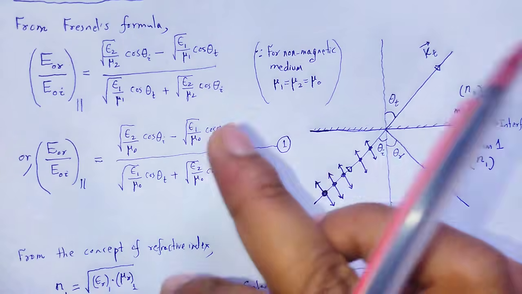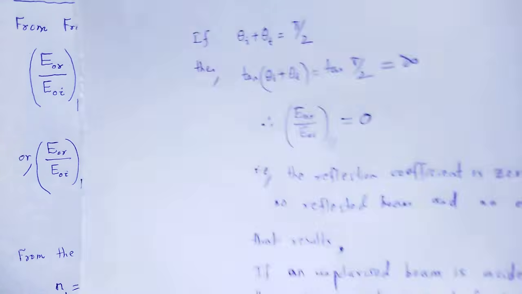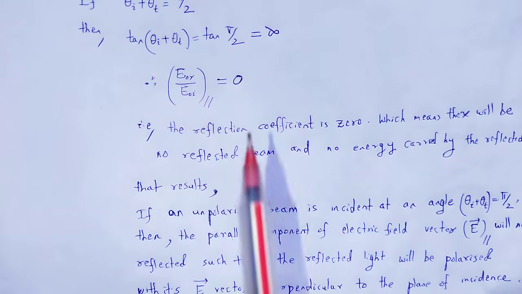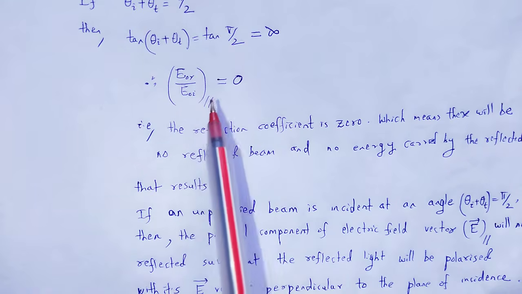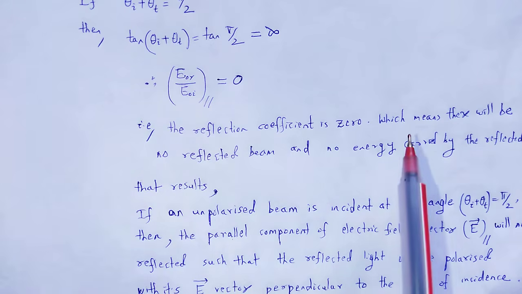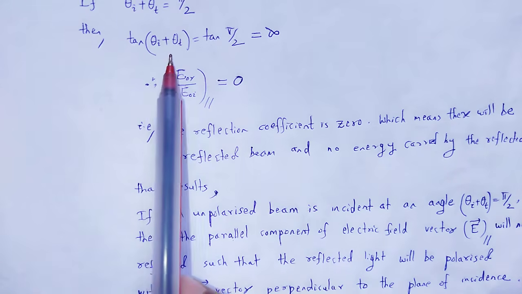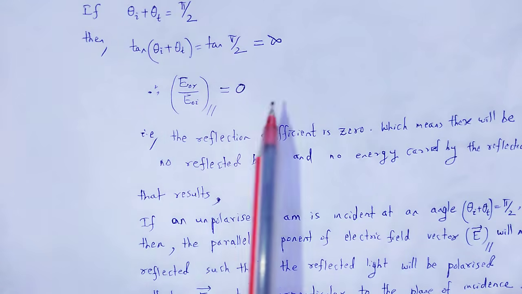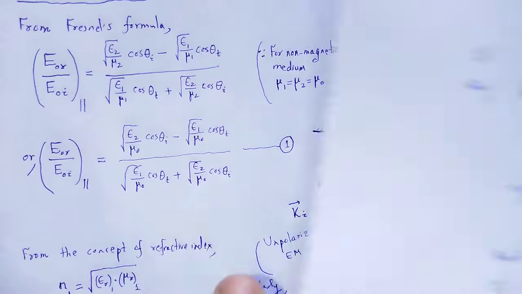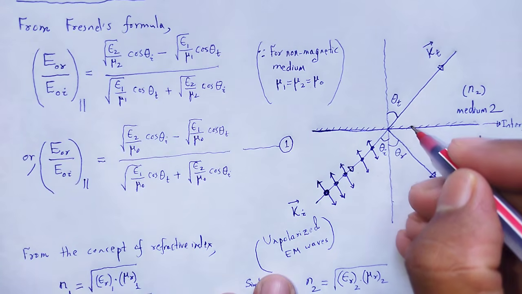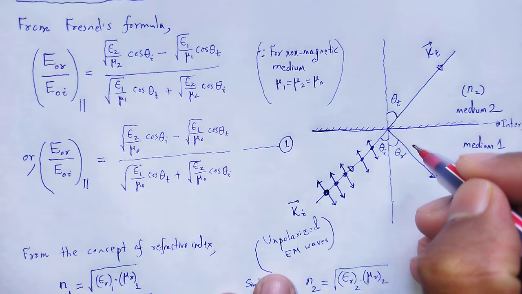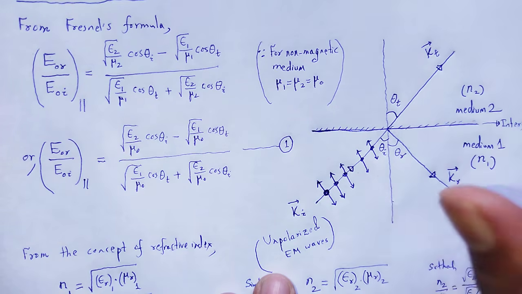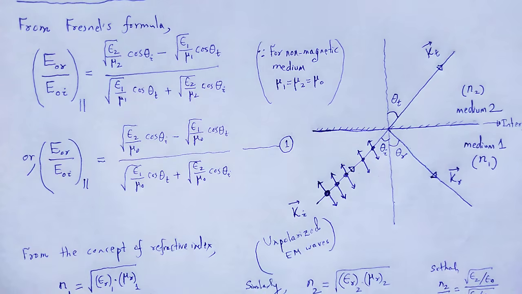From the mathematical expression, it is clear that when the electric field vector is perpendicular to the plane of incidence, and the angle theta I plus theta t is equal to pi by 2, then what do we obtain?